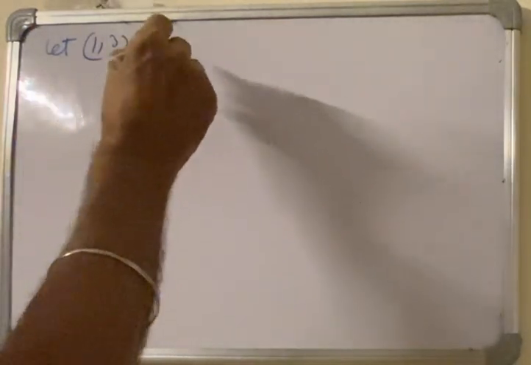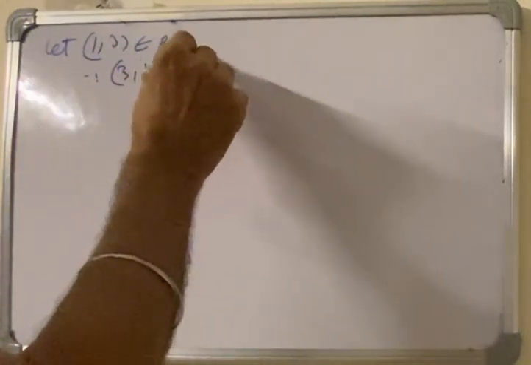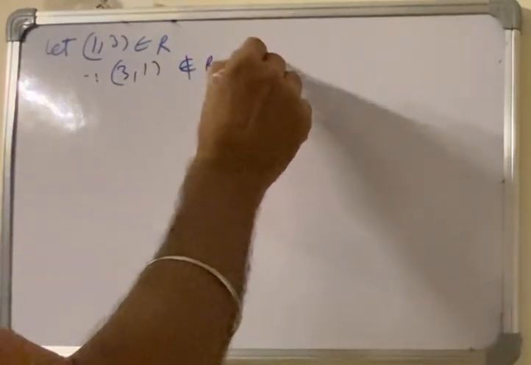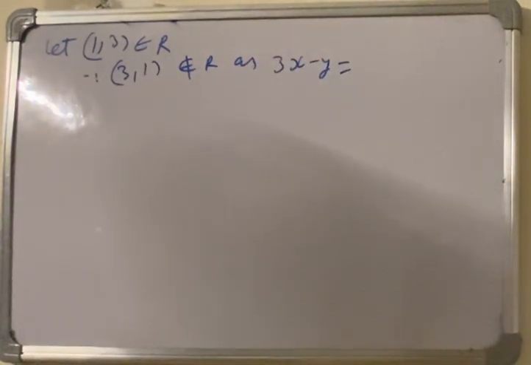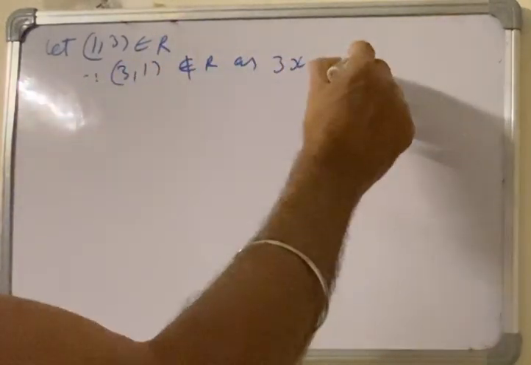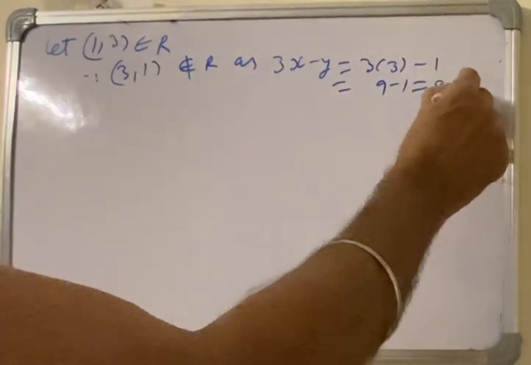Now let (1, 3) belong to R. Since (3, 1) does not belong to R, as 3x minus y is 3 into 3 minus 1, which is 9 minus 1 is equal to 8, not equal to 0.